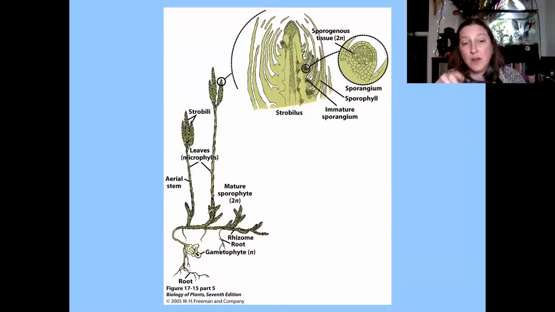So we know that this gametophyte plant grows outside of the spore wall, and has male and female sex organs on it. Once the sperm and egg come together, it will grow into the new sporophyte plant. Here you can see the sporophyte plant emerging from where the egg was. Here's the roots of the sporophyte plant going downward.